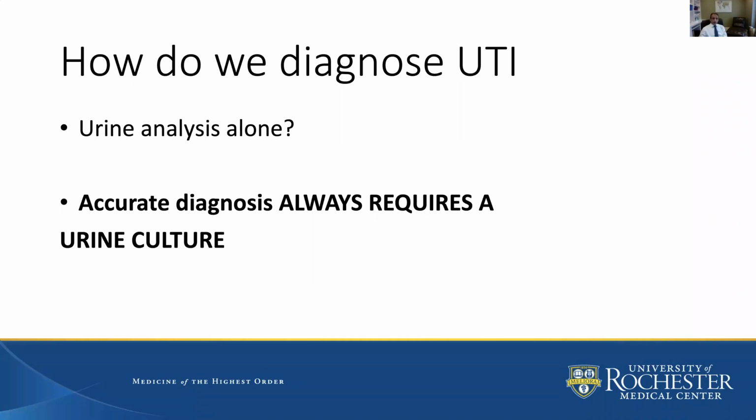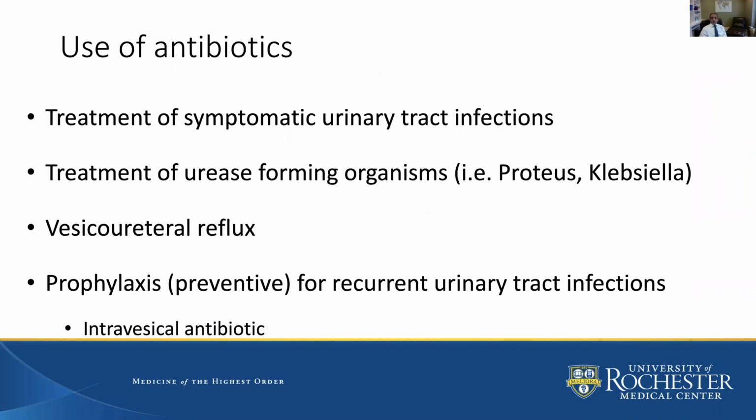The other scenario is, do you need to treat all these patients if they have a UTI or positive urine culture? Typically we don't treat those patients who are asymptomatic, to avoid resistance. Those who are symptomatic, we treat.